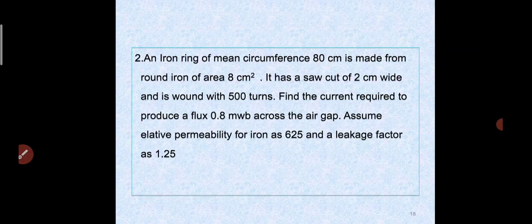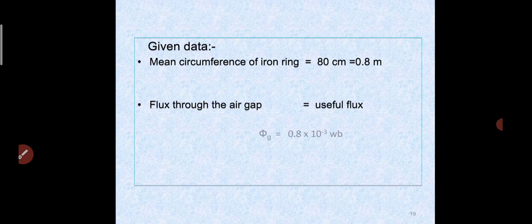Find the current required to produce a flux of 0.8 milliwebers across the air gap. Assume the relative permeability for iron as 625 and a leakage factor as 1.25. Okay?